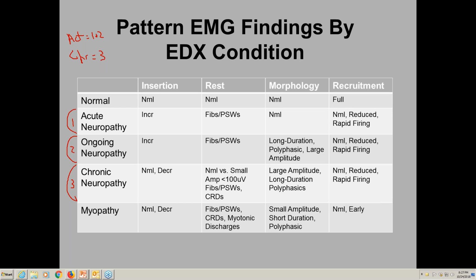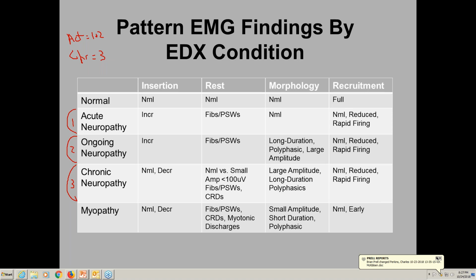We stick those muscles and we see the same large amplitude units, but we see large amplitude fibs and positive waves with increased insertional activity. Is that acute, ongoing, or chronic? I said large amplitude motor units and a few polyphasics. So it's ongoing. Good.